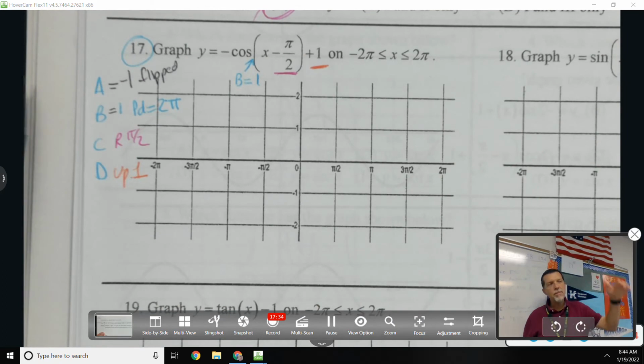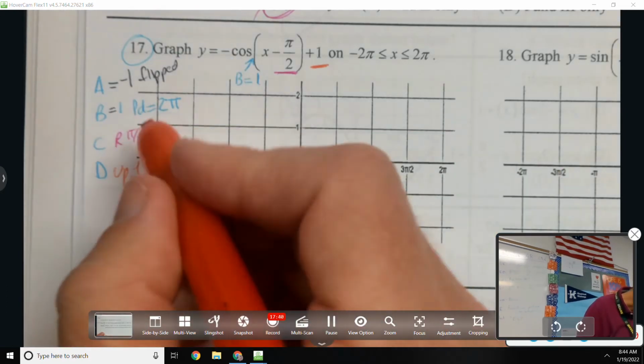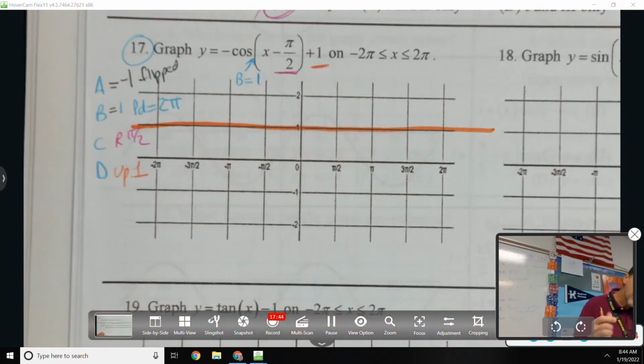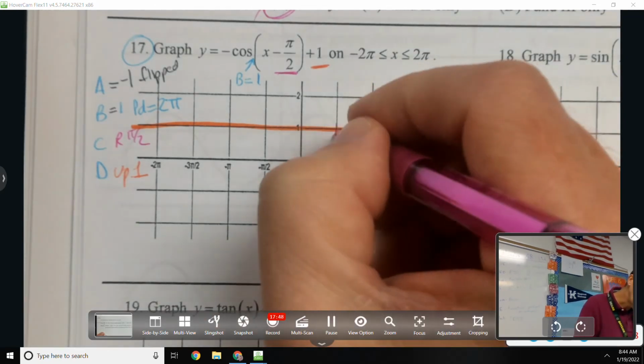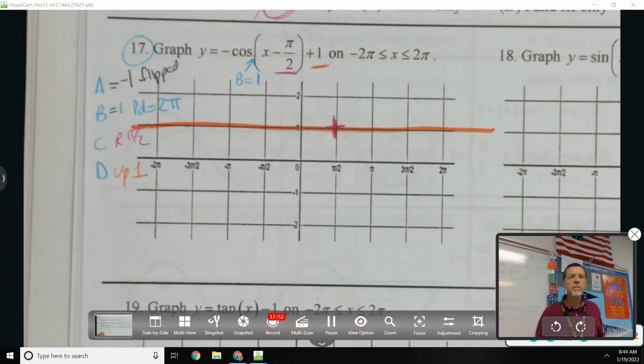Again, A, B, C, D, use them in reverse, D, C, B, A. So up 1, that's my new midline. Right pi over 2 is my new starting point. The period is 2 pi, so I need to go 2 pi away from pi over 2.